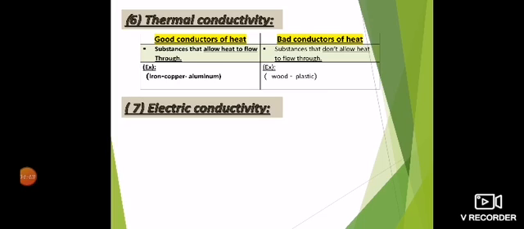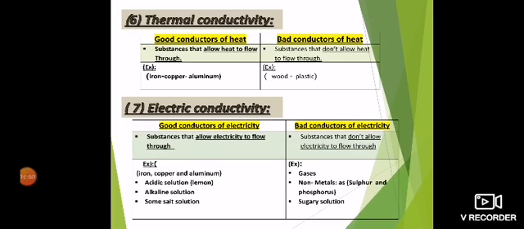And also we have two types of material in electric conductivity: good conductors of electricity and bad conductors of electricity. The good conductors are substances that allow electricity to flow through, and the bad conductors are substances that don't allow electricity to flow through. Examples of good conductors: acidic solution, alkaline solution, and salt solution.